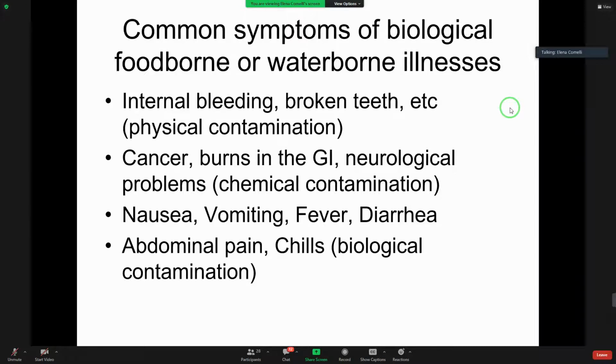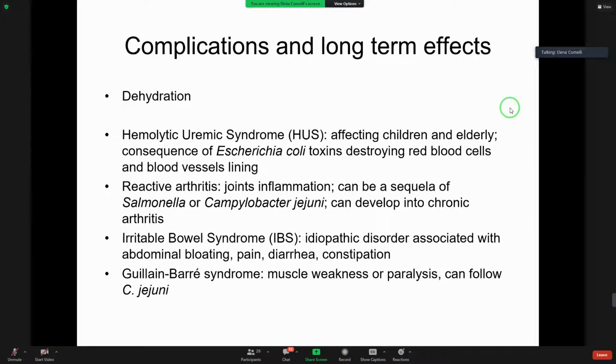These are the general symptoms, but obviously not all pathogens produce the same effects. These common symptoms are the ones that appear immediately, right? As soon as these pathogens infect, the symptoms manifest relatively soon.